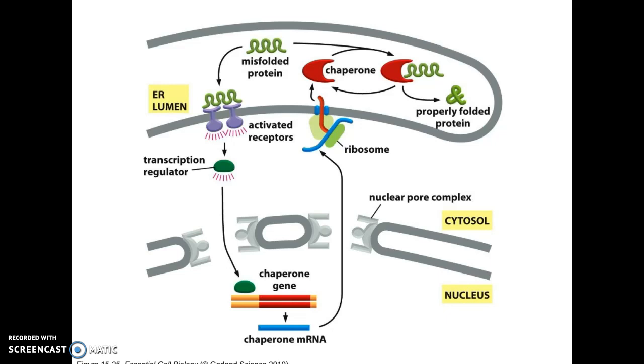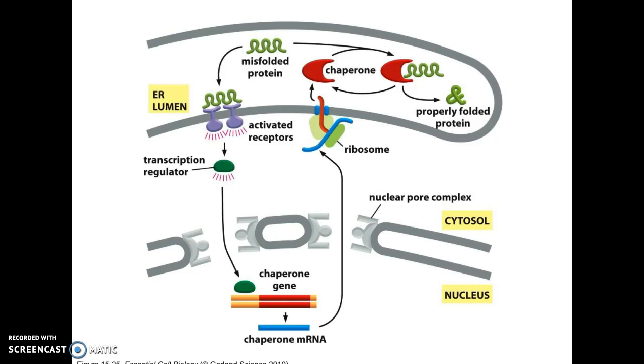And those exposed hydrophobic amino acids are a signal that is received by misfolded protein receptors. And so these receptors are then going to cause some sort of signaling cascade that ultimately leads to a transcription factor that gets imported into the nucleus.